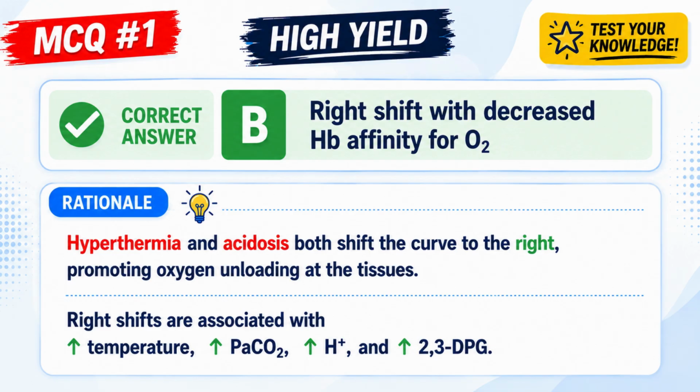The answer is B. Right shift with decreased hemoglobin affinity for oxygen. Here's why. This patient has two simultaneous right-shifting forces happening at once. Hyperthermia, 40 degrees, directly reduces hemoglobin's affinity for oxygen. Metabolic acidosis, increased hydrogen ion concentration, the Bohr effect.